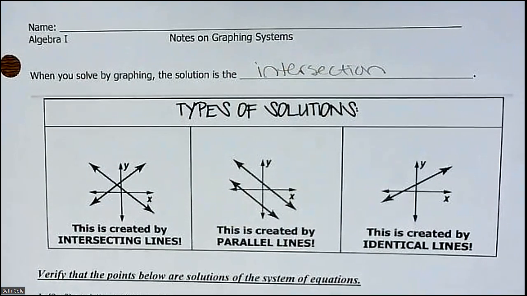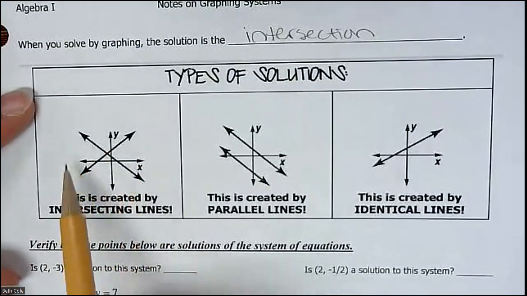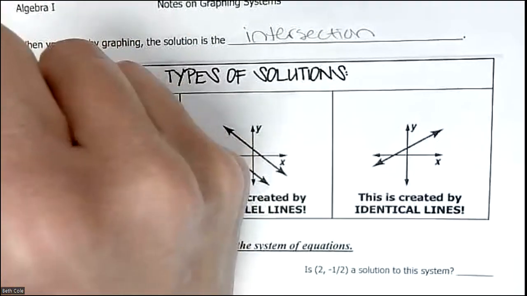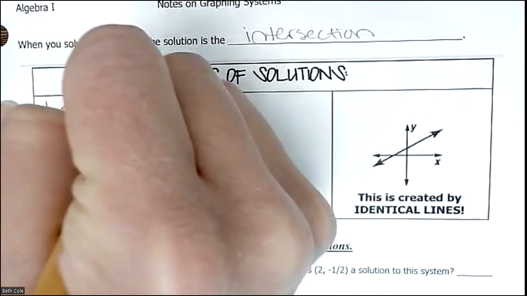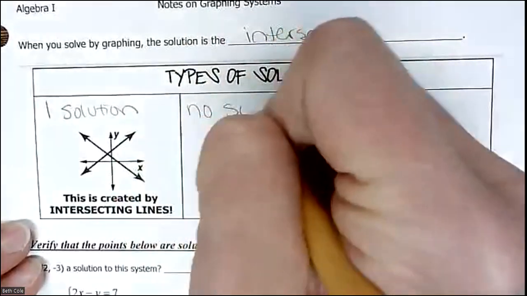And we've gone over this too. How many solutions does this one have? How many intersections does it have? One solution. If they're parallel and they don't intersect, then that is no solution.